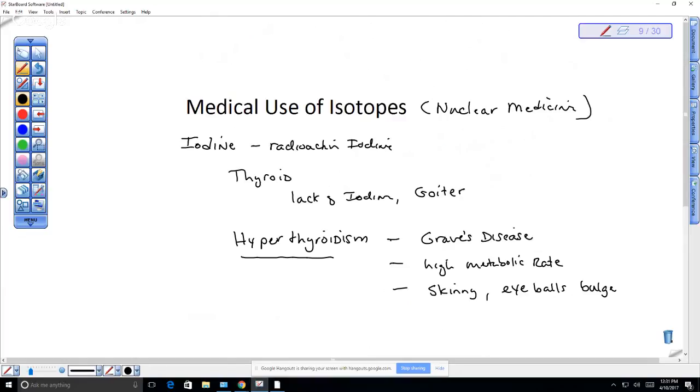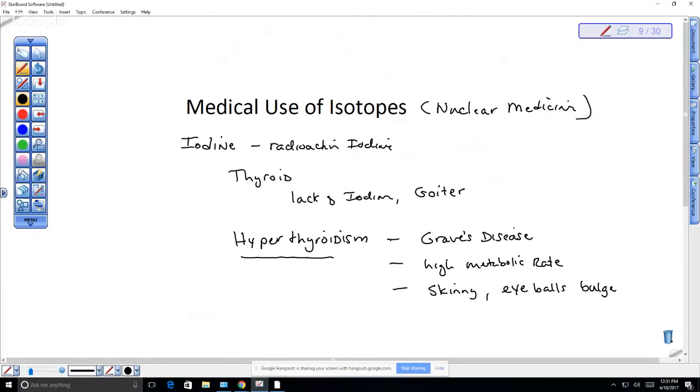And they're skinny. This is actually quite common in cats. I had a cat once that had hyperthyroidism. One way that you can treat it is you could go and remove the thyroid gland. But another way that you could treat it is you could give them radioactive iodine, and the radioactivity goes into the thyroid and it gets stored there and actually damages the thyroid so that it no longer functions properly.